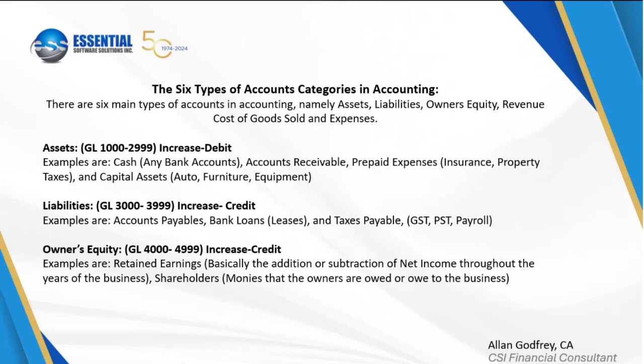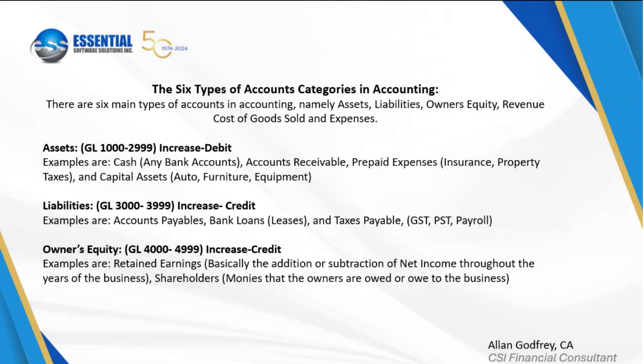Then we have shareholder loans. That's basically if an owner were to invest in the company or take money out, maybe purchasing something on their own behalf, so that money flows in and out of that account. There's also capital and different stock that you would look at in the owner's equity.